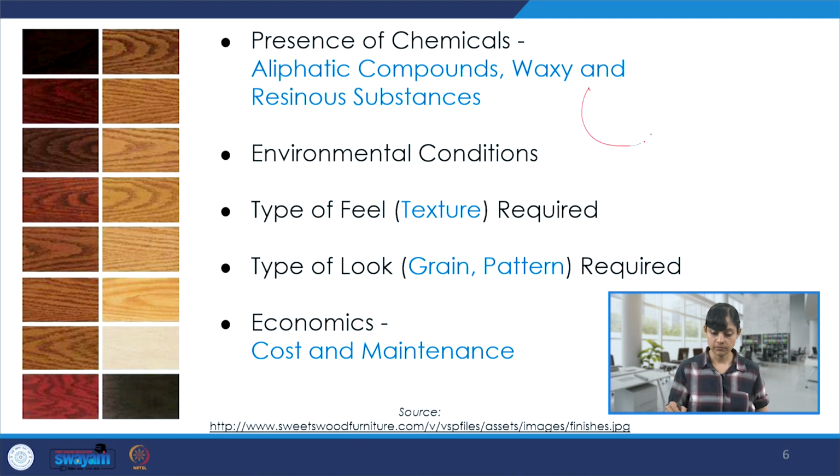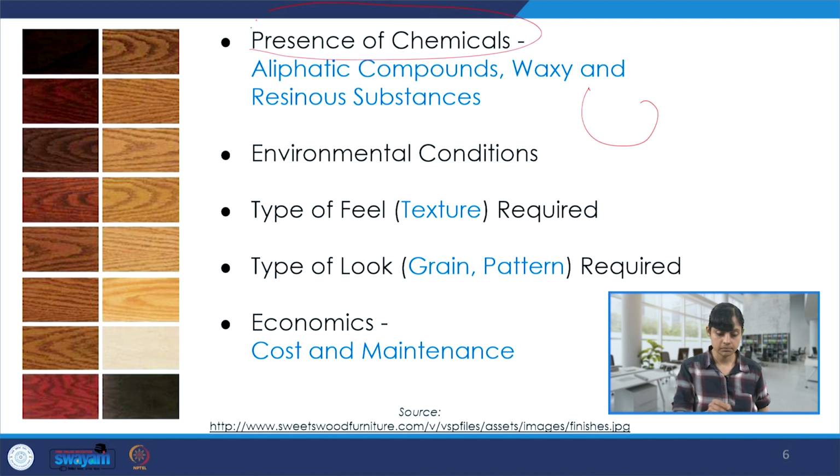So, we have to understand, of course, the properties also, which will help us decide what kind of timber to choose and where its performance gets impacted because of certain property related important aspects.